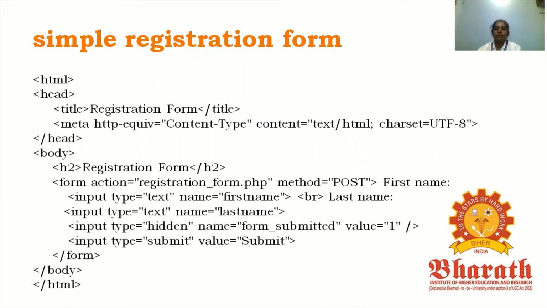What is the difference between the get method and the post method? The post method will not display the values in the URL; it hides the values. The get method displays the values in the URL. See the example here: we have two text boxes and a submit button.